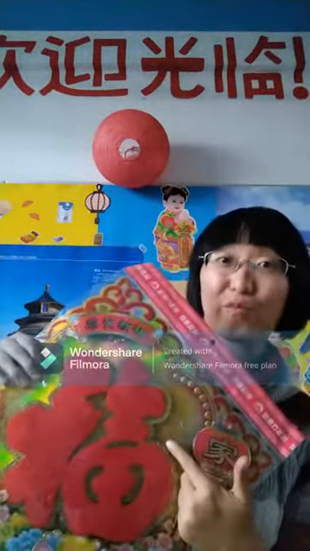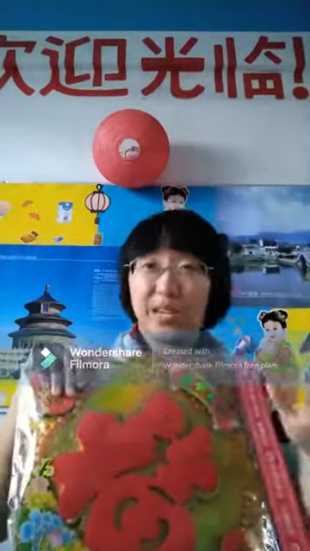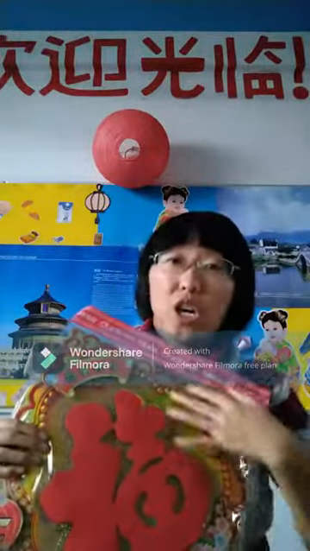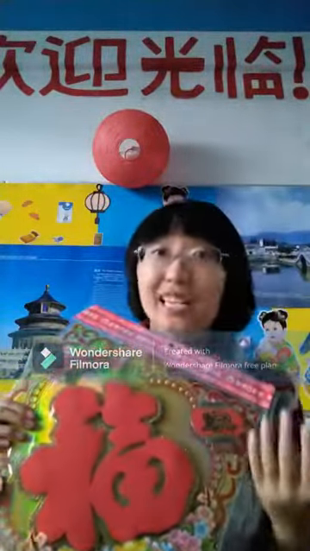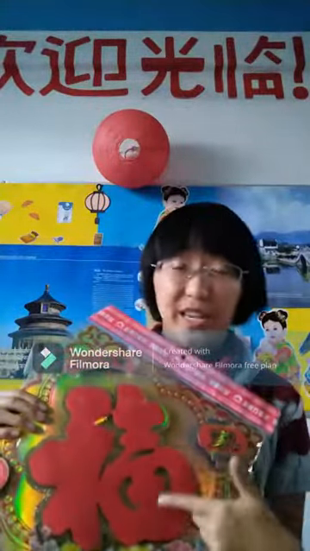You will see this character appearing on many Chinese New Year decorations. So the students can also see something in common here. They can see this character appearing many times and on many different items. They will be very curious about what this character is.